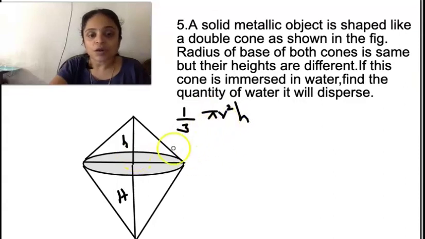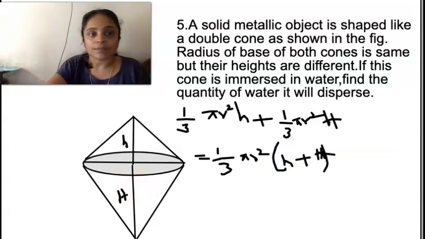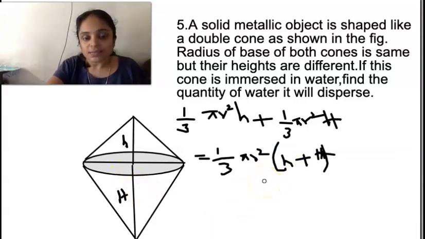So the smaller cone is having volume 1 by 3 pi r square h, and the bigger cone is having volume 1 by 3 pi r square capital H. So what is the total? 1 by 3 pi r square is common, into h plus H. Okay. So volume of water which is displaced when this shape is immersed in water is 1 by 3 pi r square into small h plus capital H unit cube.